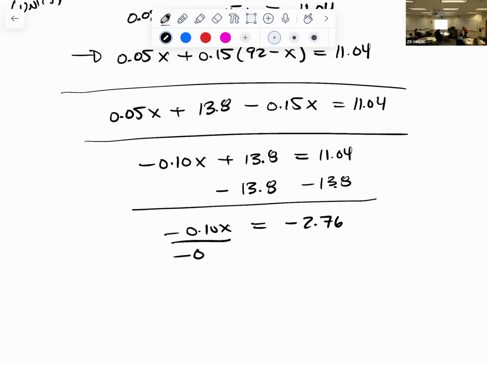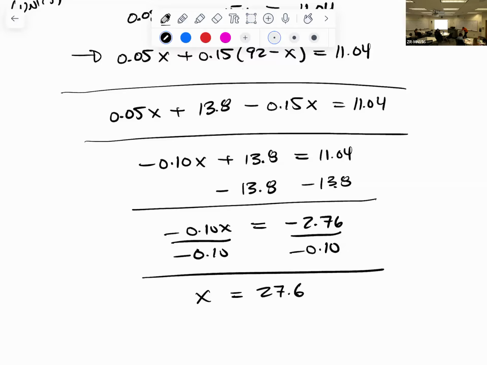This one emphasizes the point I was just making on the last problem. 27.6. Trying to do this with guess and check will take you forever.